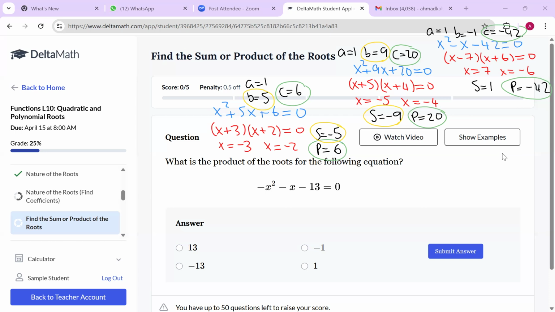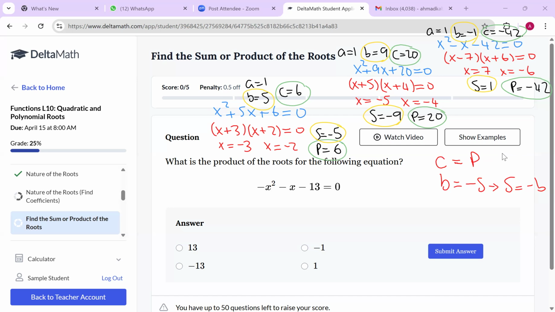In the third example, B is -1 and S is 1. So what conclusions can we draw? We can draw the first conclusion that we said, which is that C is always equal to P and B is always equal to -S, or of course S is always equal to -B.